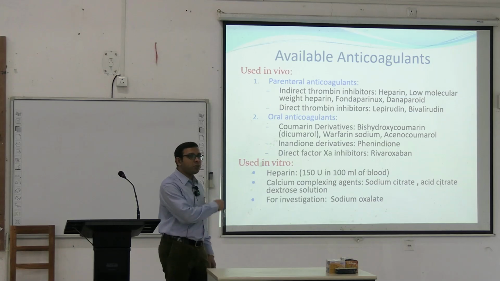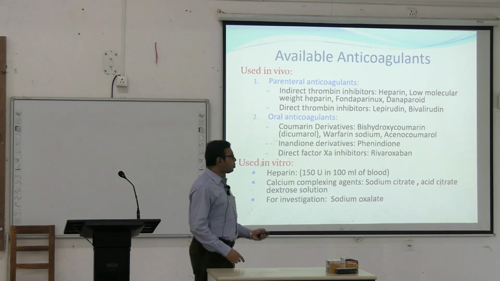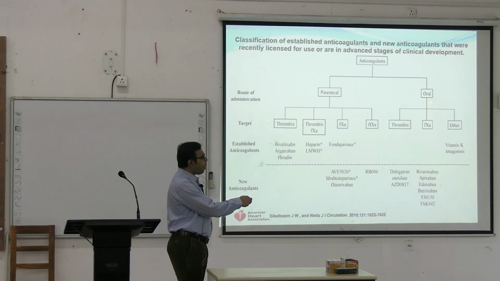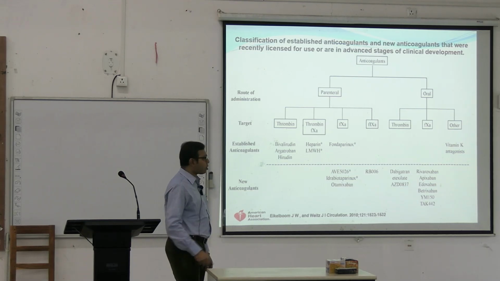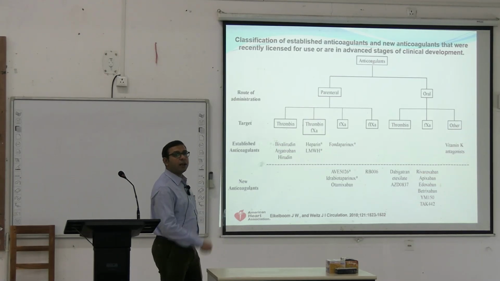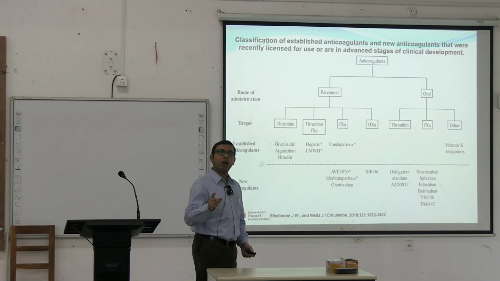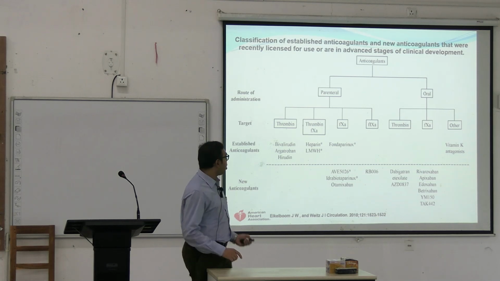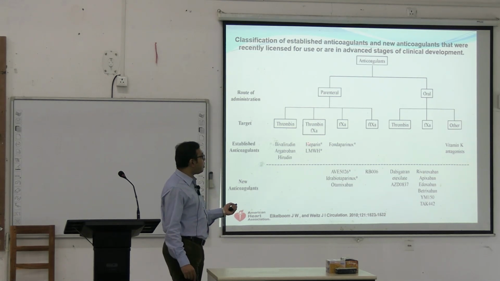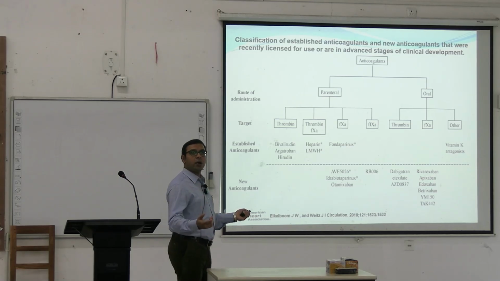So these are the names of the anticoagulants. Again, the same thing we can see: parenteral or oral, and what are the targets? Thrombin is the target in the case of bivalirudin, argatroban, and hirudin. These are the direct thrombin inhibitors, and these are also parenteral anticoagulants. Thrombin and factor 10A are mainly targeted by heparin and low molecular weight heparin.